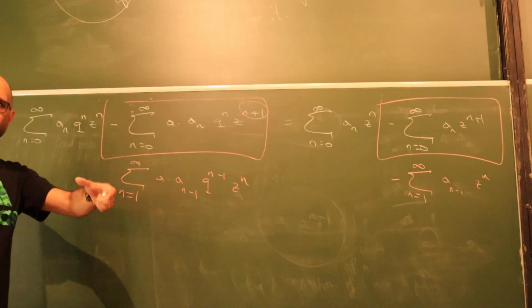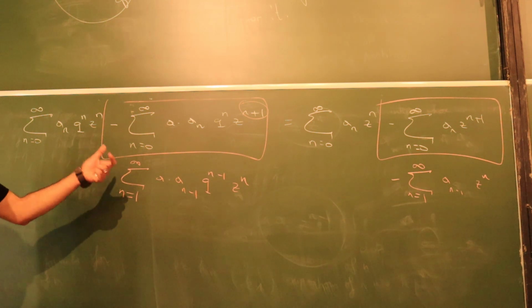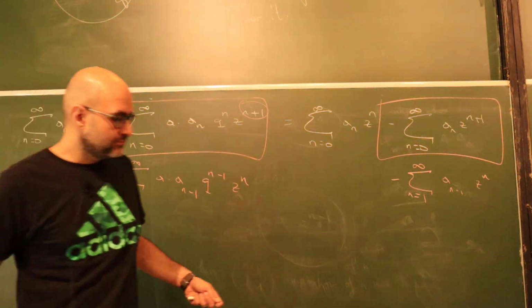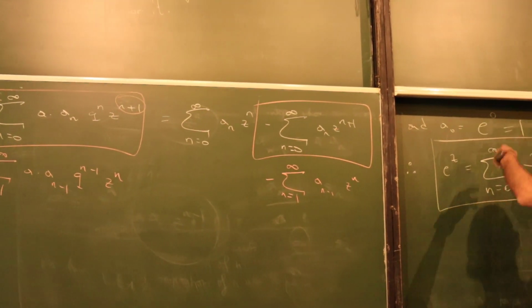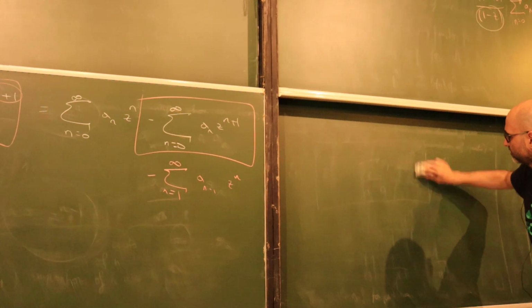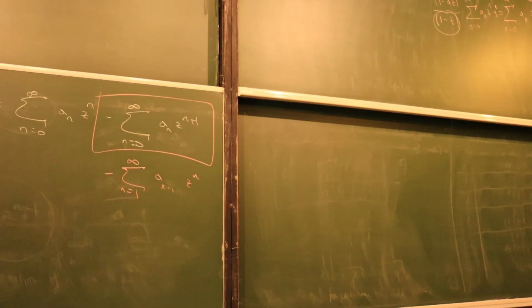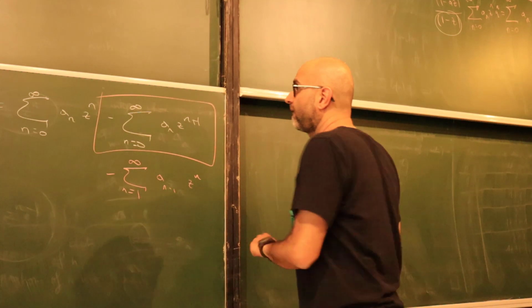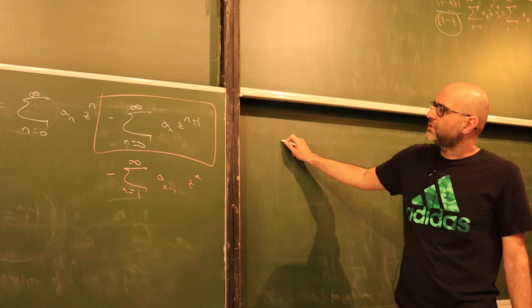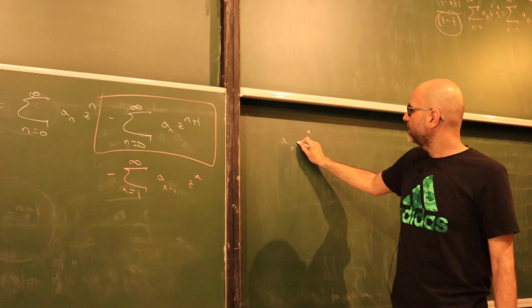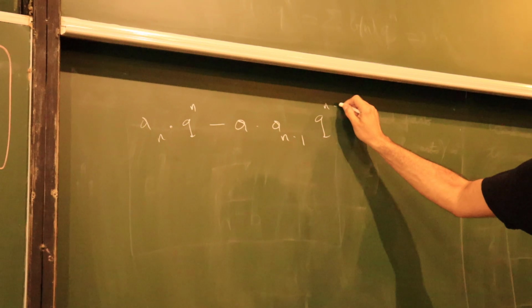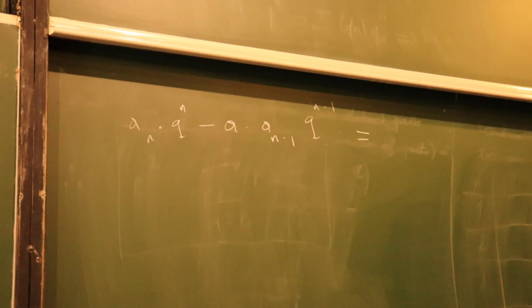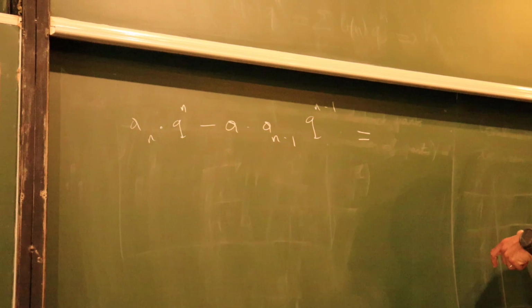Now we can identify coefficients of z to the n, both on the left and on the right. What is it? a sub n times q to the n minus a times a sub n minus 1 q to the n minus 1 will be identical to the coefficient of z to the n on the right.